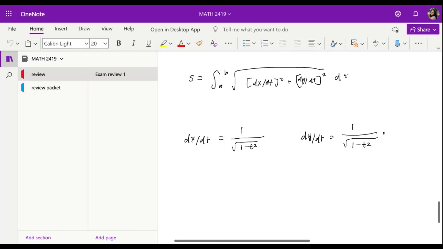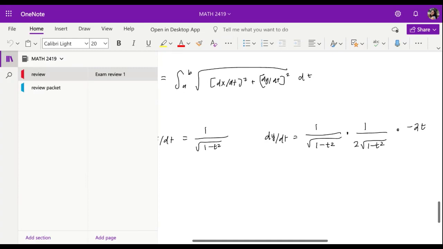So we'll have 1 over 2 square root of 1 minus t squared times, again, the derivative of the inside of the square root, which is negative 2t. So that's our derivative, dy/dt.